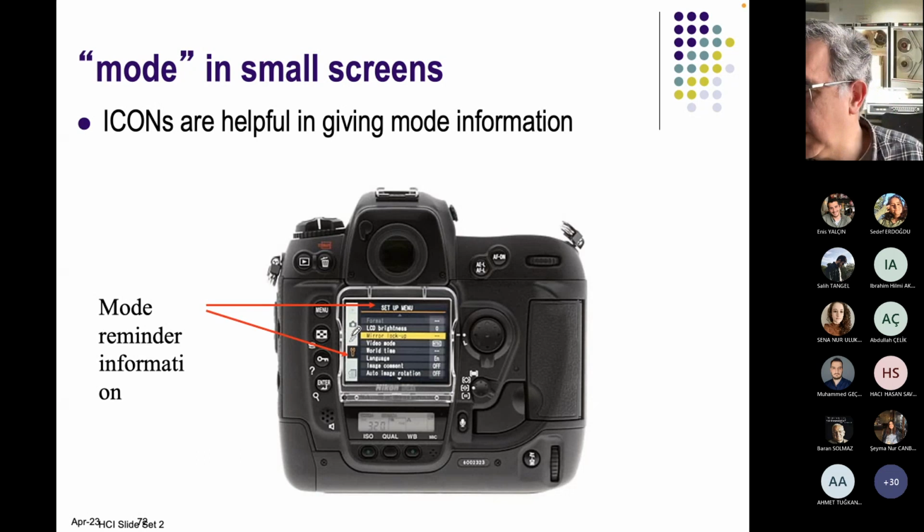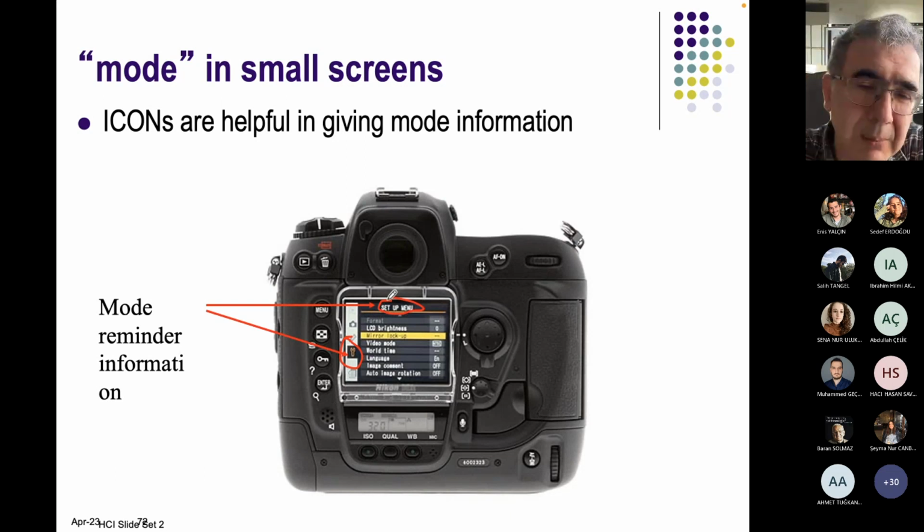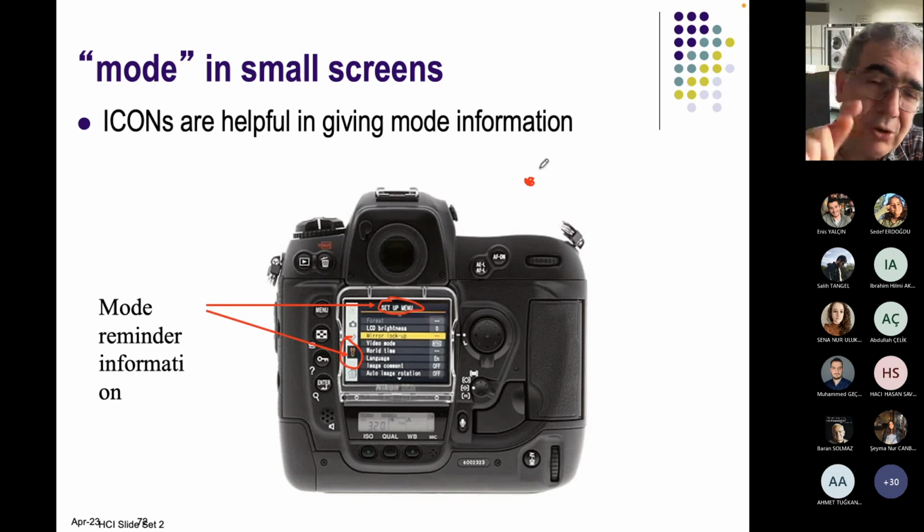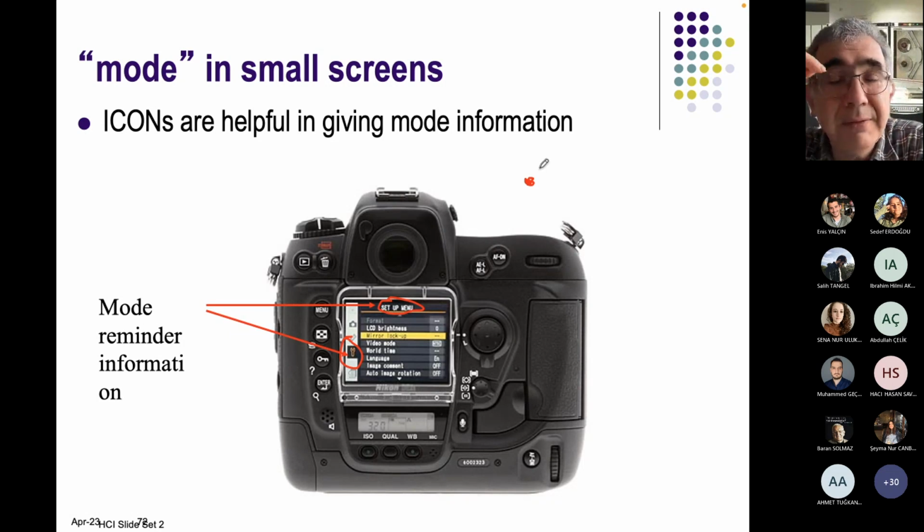Therefore, the mode information is given here with icons and also with text so that the person remembers that they are in a certain mode. Some other interfaces, smaller interfaces without screens, have LEDs: fast blinking, slow blinking, continuously lit, color change. So even if you have one LED, by manipulating the blink rate, you can indicate different modes.